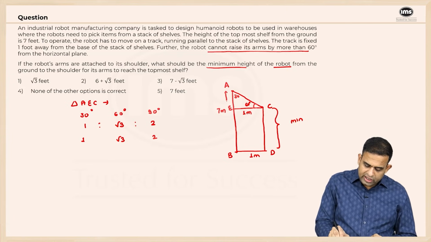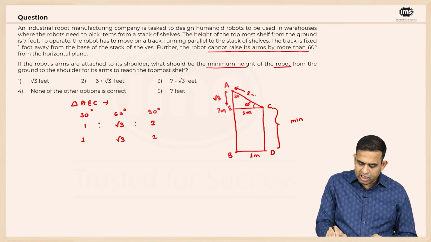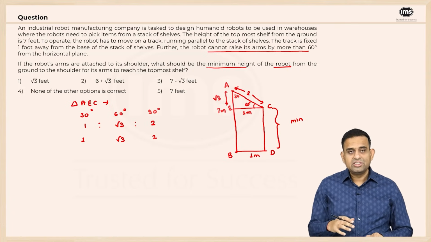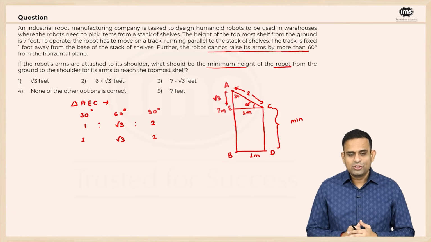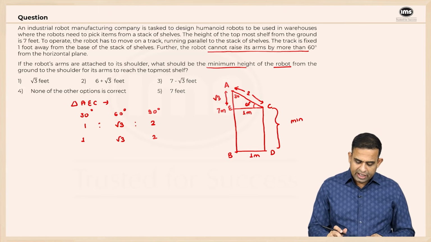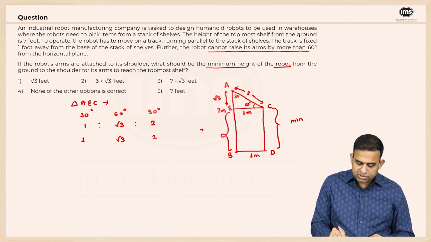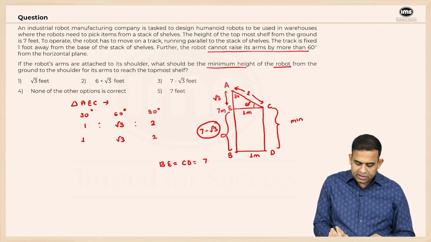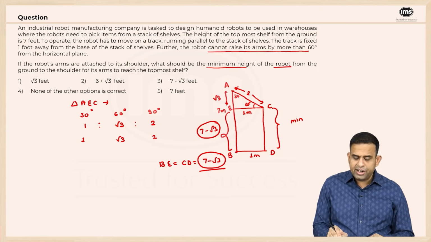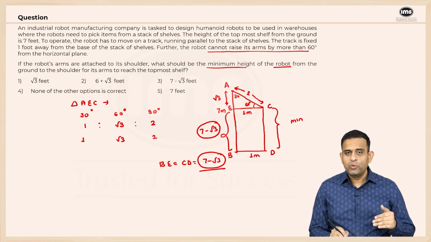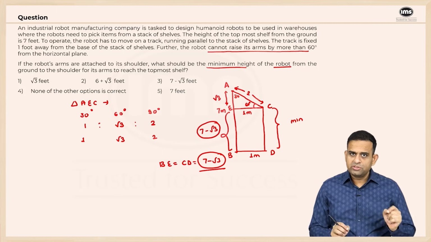So the length of AE becomes root 3. The length of AC becomes 2. That is not required. It simply means AC represents the arm length, which is equal to 2 over here. And since AE is equal to root 3, the term BE will become 7 minus root 3. And since the length of BE and the length of CD must be the same, the required minimum possible height of the robo from the ground to its shoulder must be equal to 7 minus root 3.